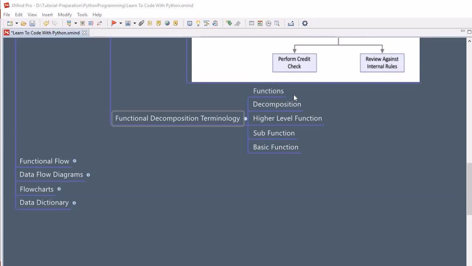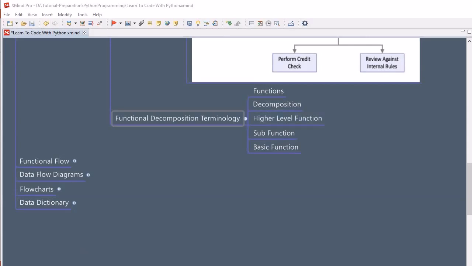Another term is decomposition. This is the process by which higher level processes, or higher level functions, are broken down into lower level functions, where each function represents part of the functionality of the higher level function. Another term here is higher level function. What does it mean?